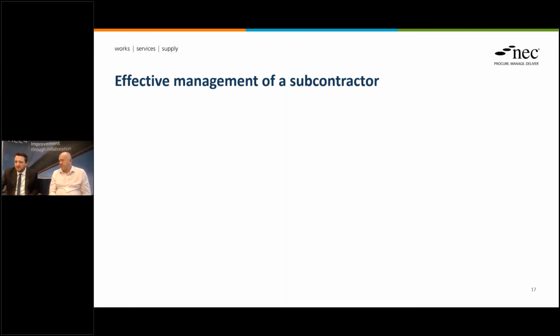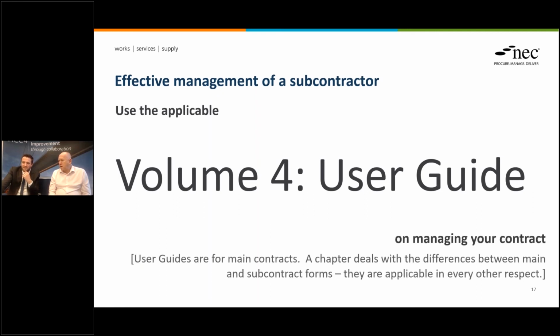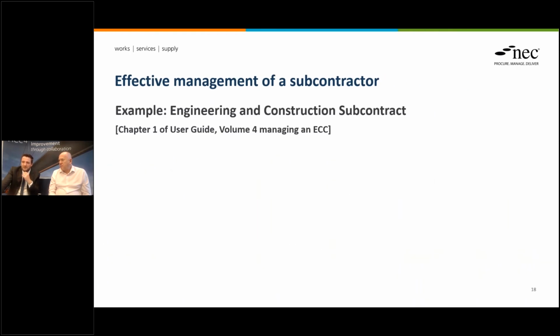So the management bit. Effective management. So there's probably a bit more to say in this. Again, there's not a huge amount to say on preparing, because it's in volume 2. But managing an effective subcontractor, there's quite a bit here. So there's a bit of knowledge first, perhaps. Again, this extensively lives in volume 4 on how to manage your contract, and for the ECS example, which is based on the ECC with this extra chapter at the front.